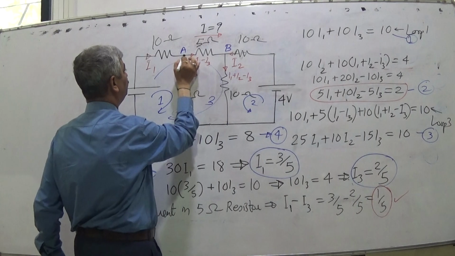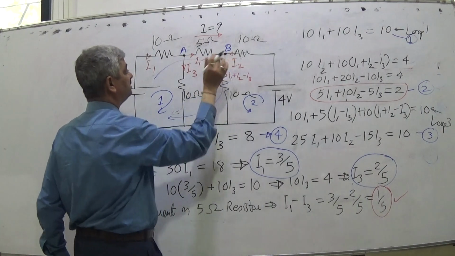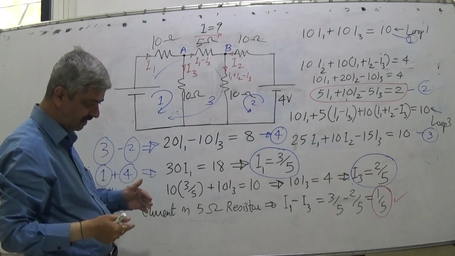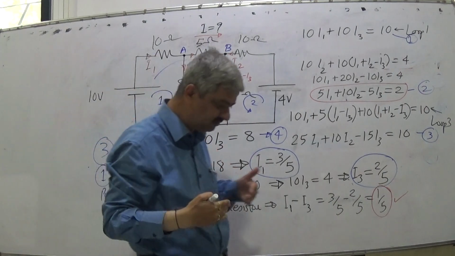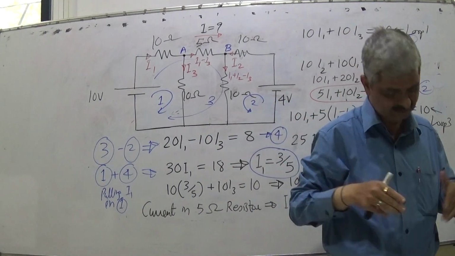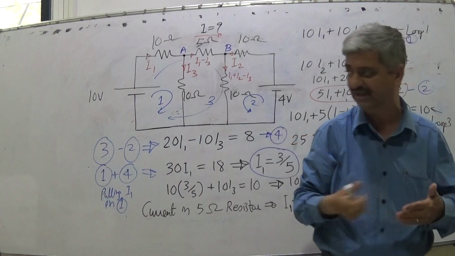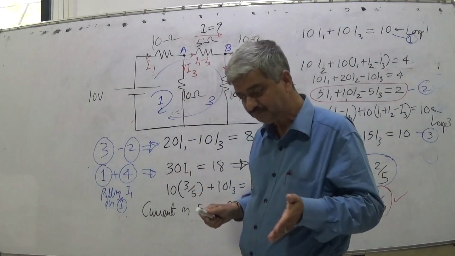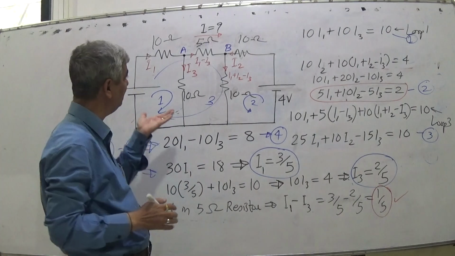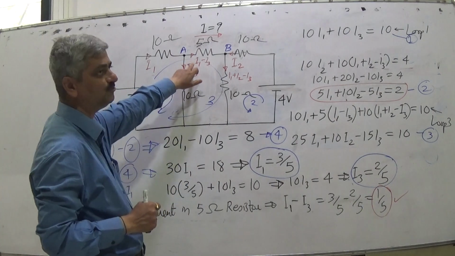We do not separately use KCL. At a node, at least there should be 3 arms. If there are 4, then it becomes more complex. At least 3: 1, 2 and 3. While assuming currents, we assume in 2, and the remaining Kirchhoff's law decides.